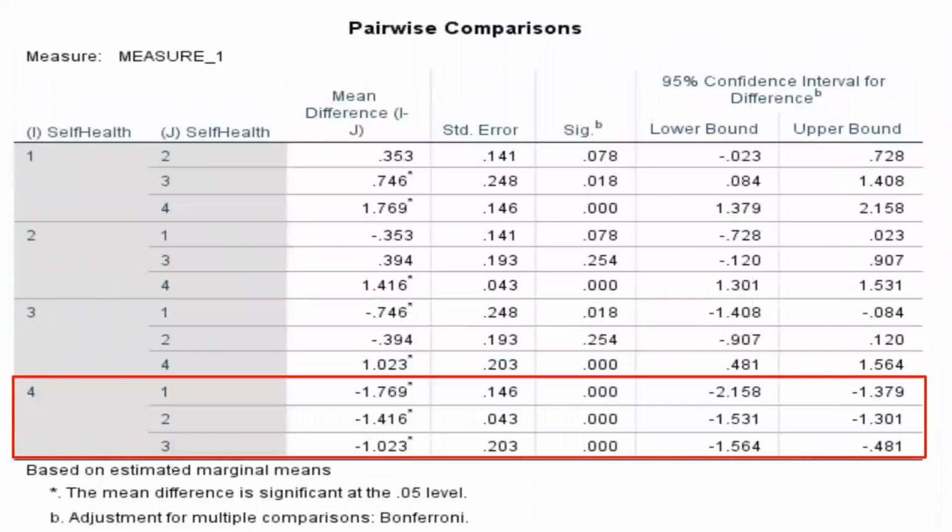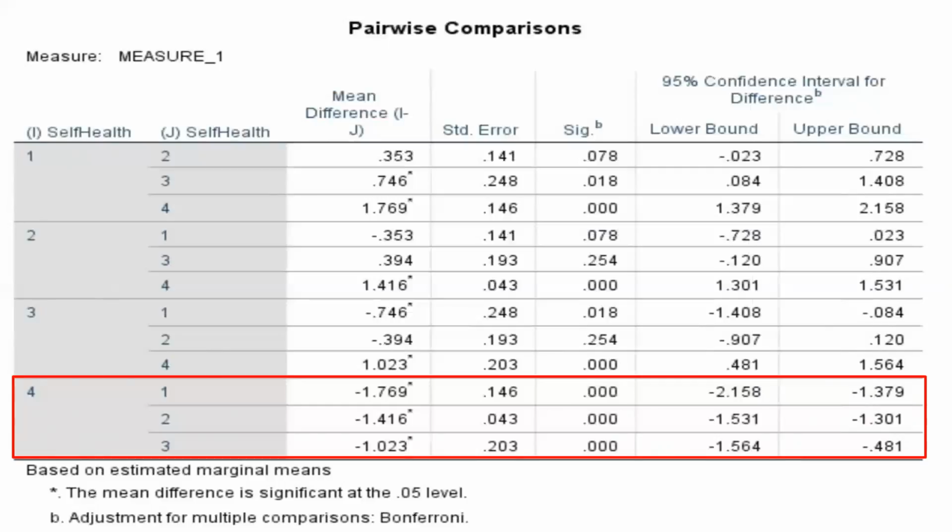So another comparison that we're looking at, especially for something like this, is your pairwise comparisons. What this is doing is looking within the different self-reported status groups and showing which groups report different BMIs and what the mean difference is between those.